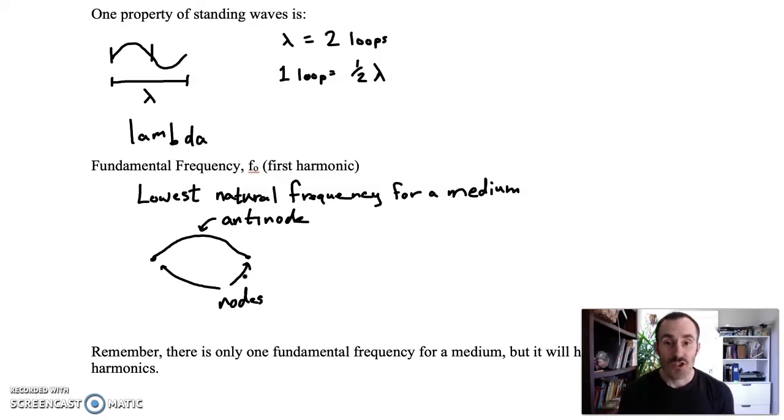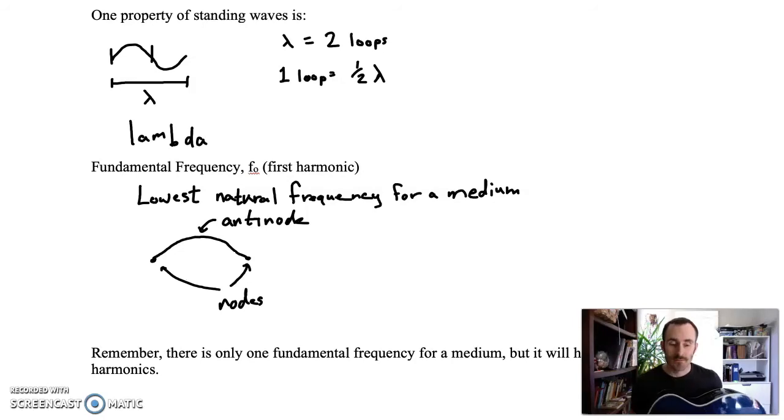Okay? Now I can show you this with the guitar as well. So a guitar string is attached to the guitar in two places. It's attached way up here on the neck, and it's attached way down here. Those are the two places it's attached. So those would be the two nodes of this fundamental frequency.